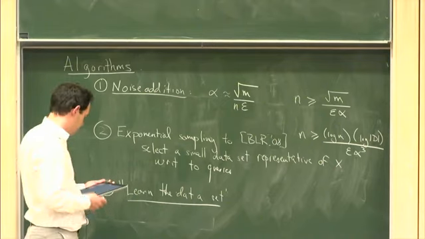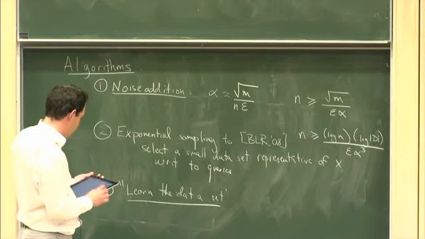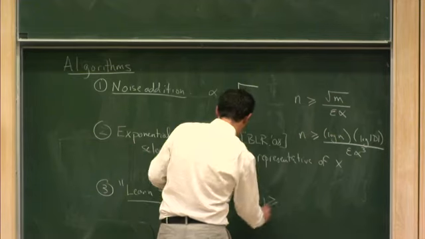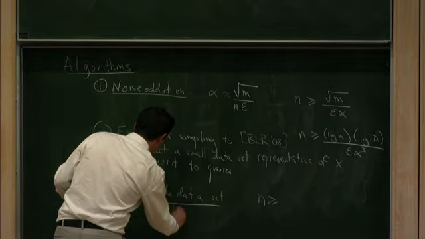And then with this learn-the-data-set approach, there's actually a whole pile of algorithms that fall under this category, but a representative one is based on an idea called multiplicative weights.